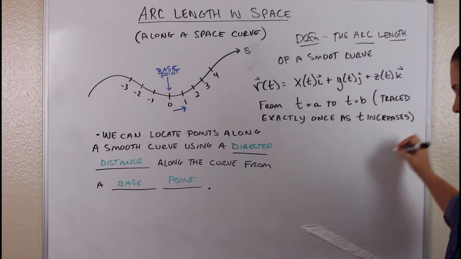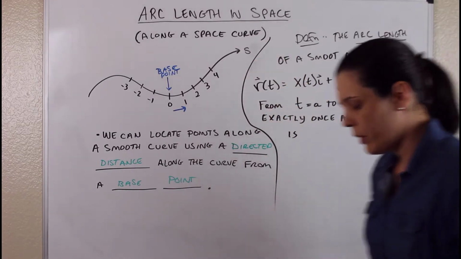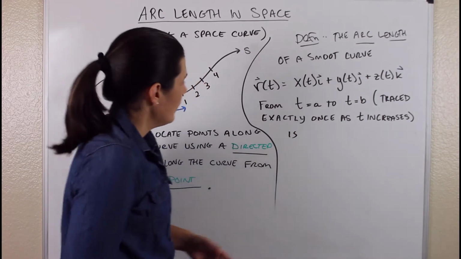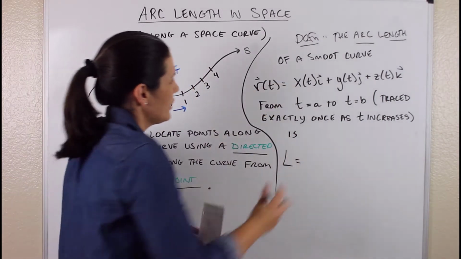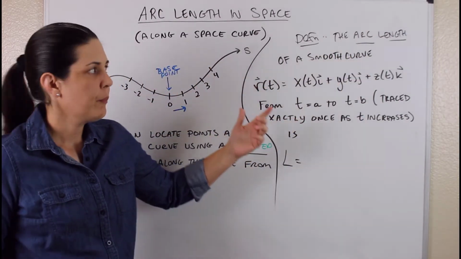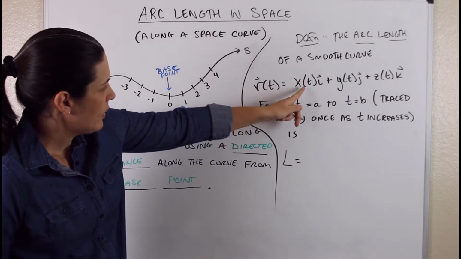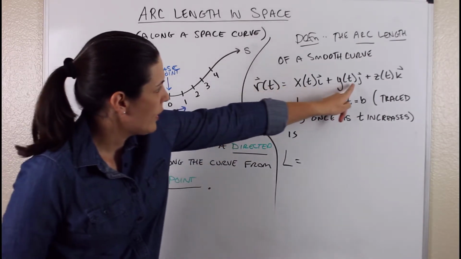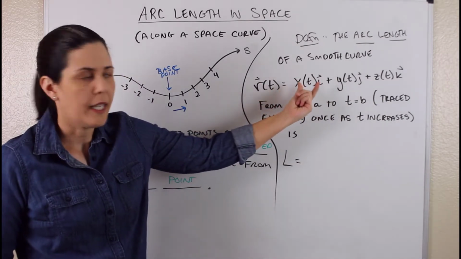All of that is going to give us this arc length formula. You have a smooth curve in space. It's defined here by this vector function, and notice this has components for i, j, and k, and these are each going to give you some number or scalar.